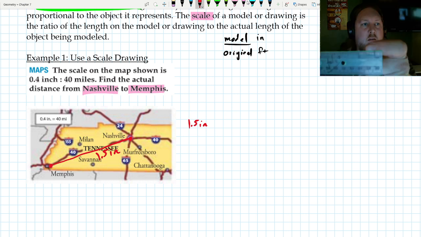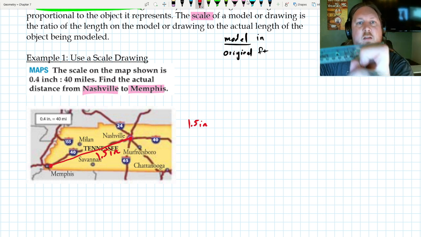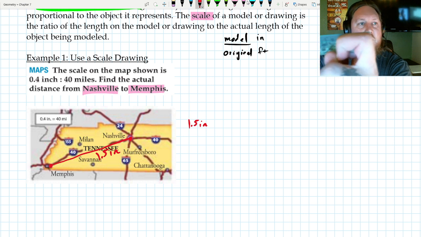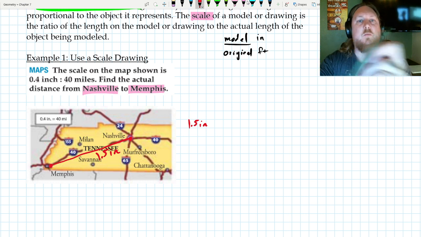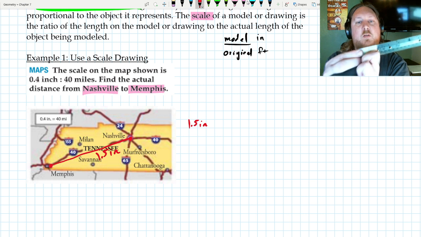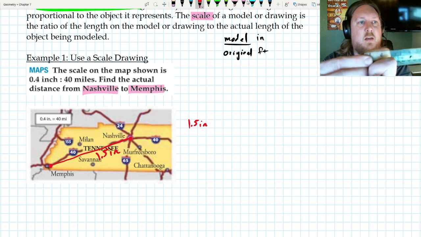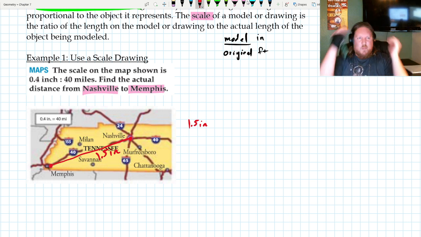Some people figure out which of their knuckles, like this knuckle right here for me, between those two knuckles is about an inch and a half. I'm measuring it on my ruler. I guess I should put the ruler on the other side so you can see it with the camera. So between those two knuckles is about an inch and a half. So you just have to find some little thing and approximate it that way if you don't have a ruler.